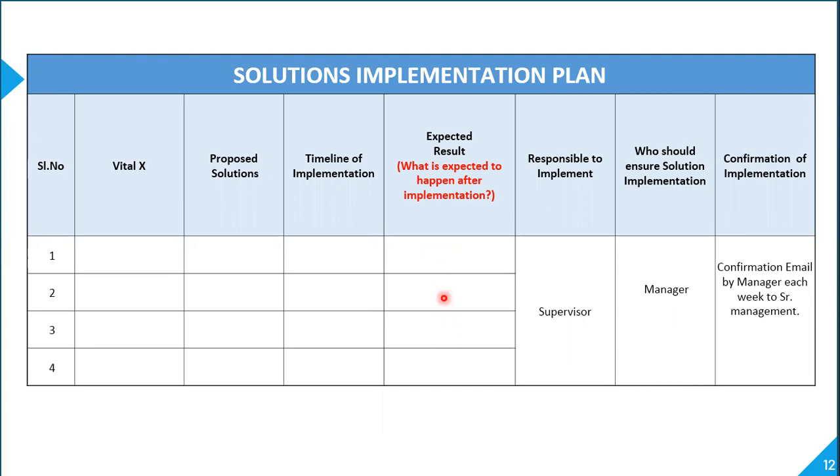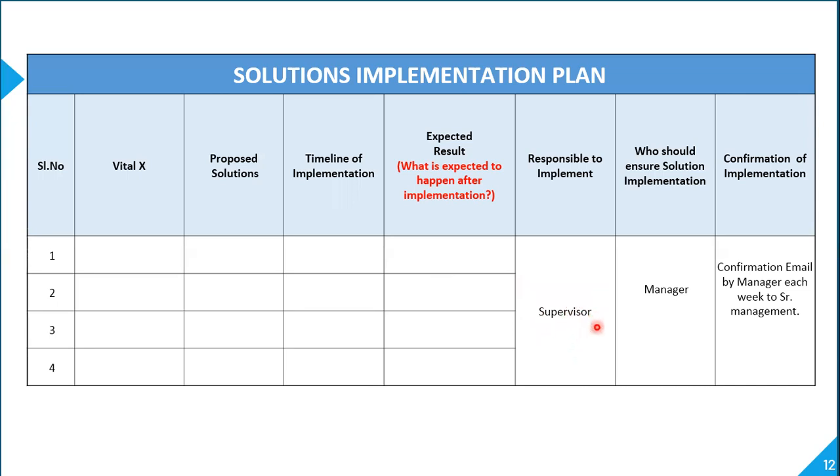Then of course, when it comes to solution implementation, there are possibilities that people may keep on throwing the ball to others, saying you are responsible to implement, and then he will say, no, I'm not responsible, you are responsible to implement. So you have to define who is going to be responsible to implement a given solution.